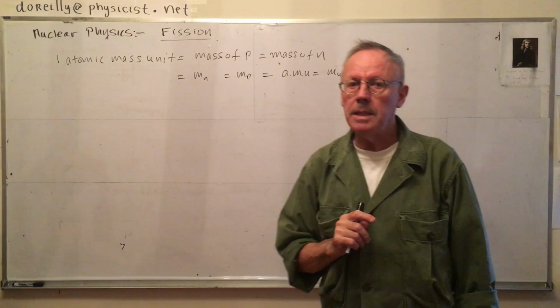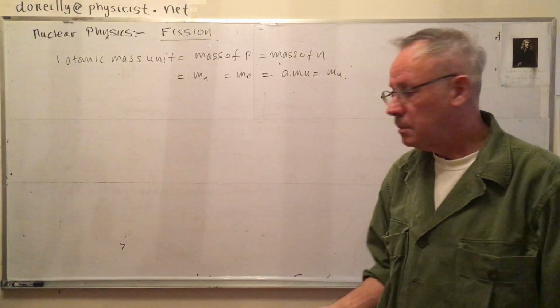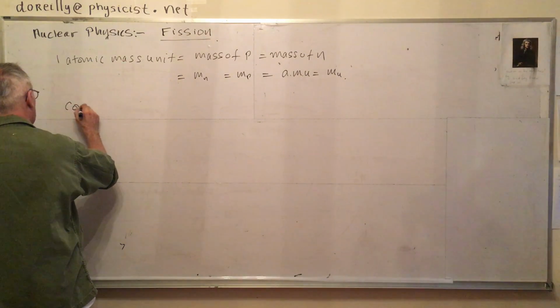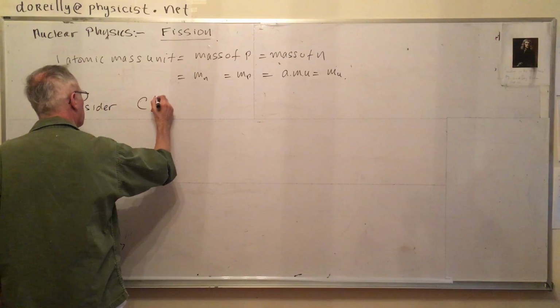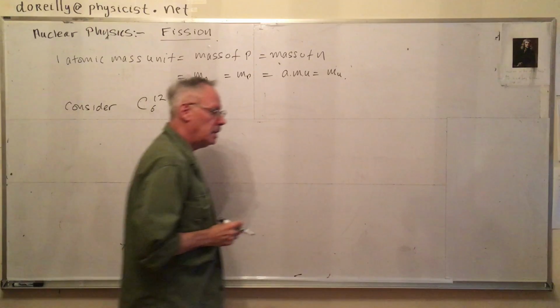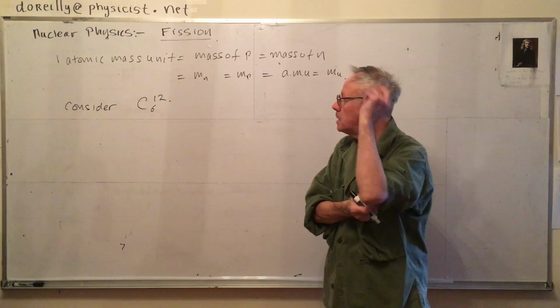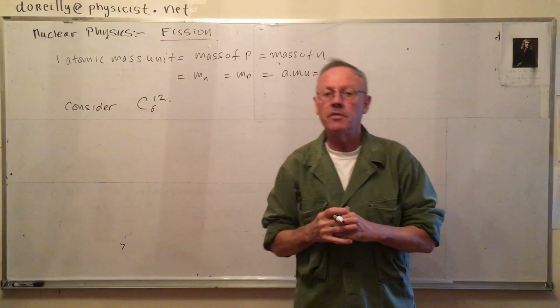Well, we can get this amazingly simply by pure thought. Now a standard nucleus to look at is carbon 12, because that isotope is very common.